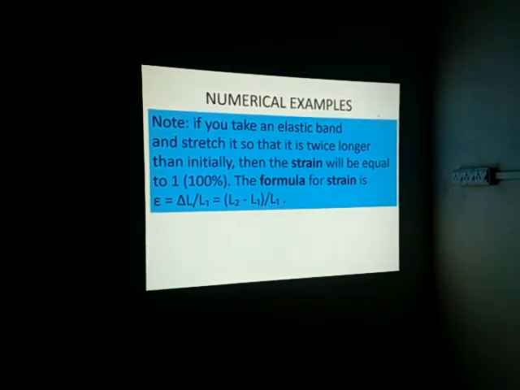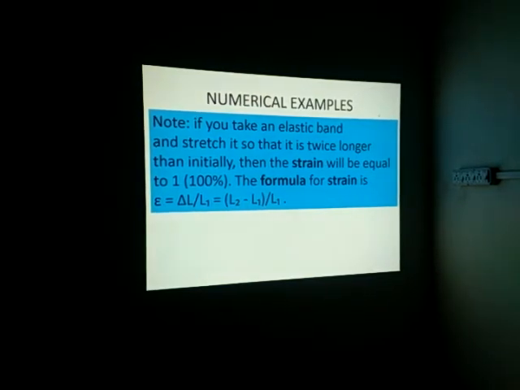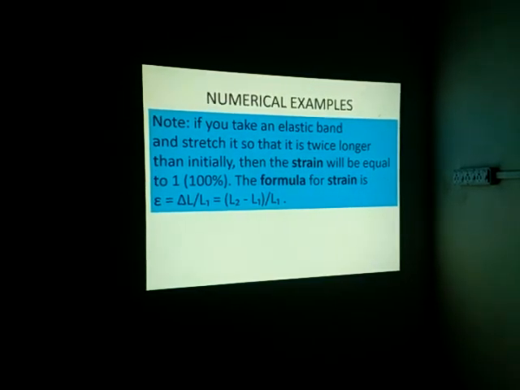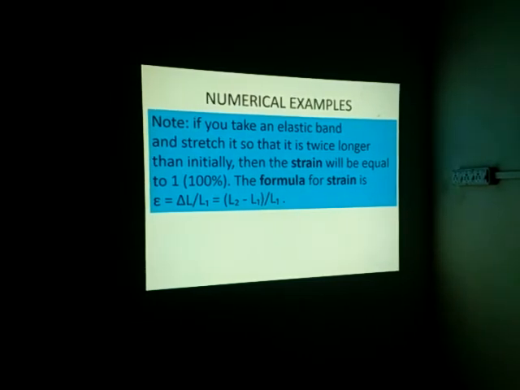Suppose you take an elastic band, a rubber band, and stretch it so that it is twice longer than initial, then the strain will be equal to 1. Now see, if it is elongated to twice its length, the increase in length is equal to its initial length. So the increase in length divided by the initial length becomes equal to 1.